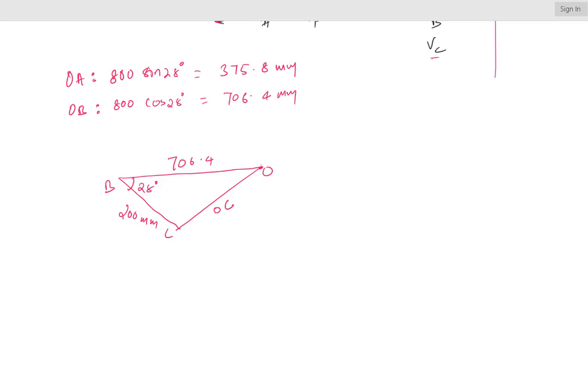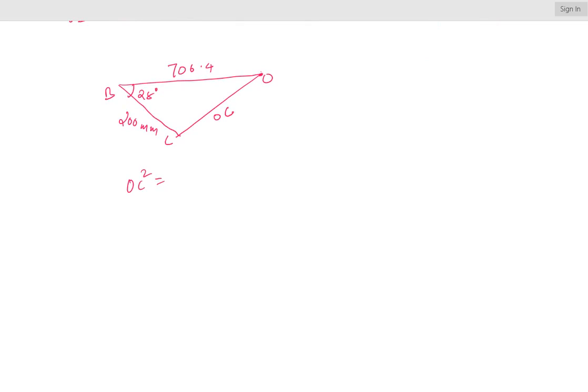So OC squared is equal to 706.4 squared plus 200 squared minus 2 times 706.4 times 200 times cosine of the angle between them, which is 28 degrees.